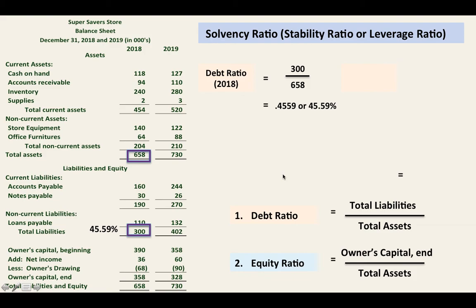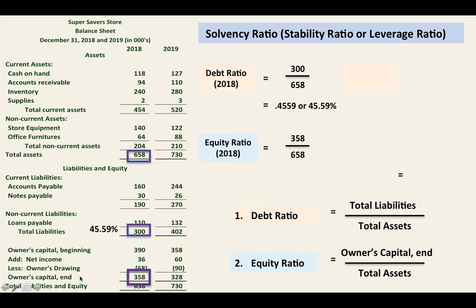Okay? So for 2018 equity ratio, we are now computing what is the percentage of this over total assets. So here our equity ratio is 358 over 658.